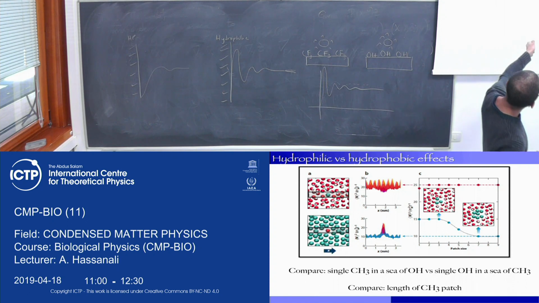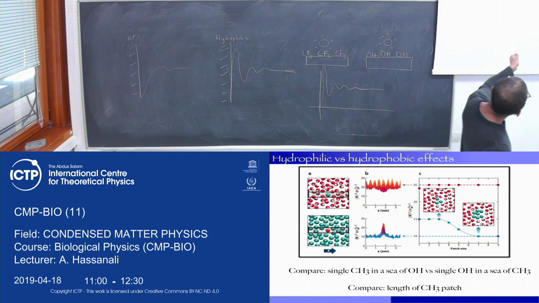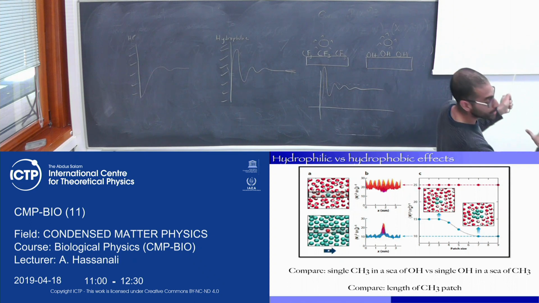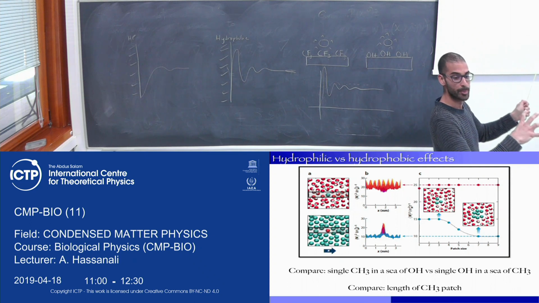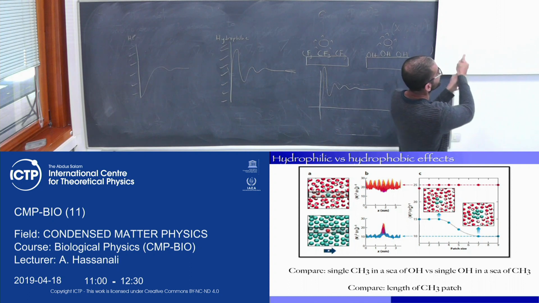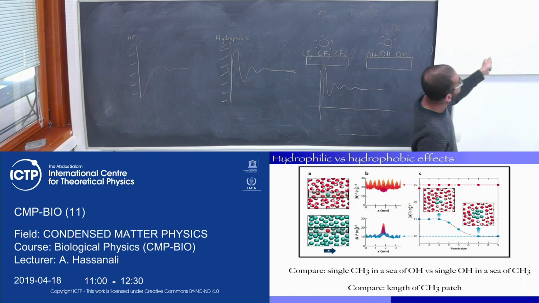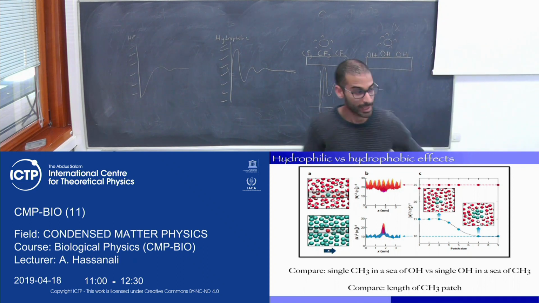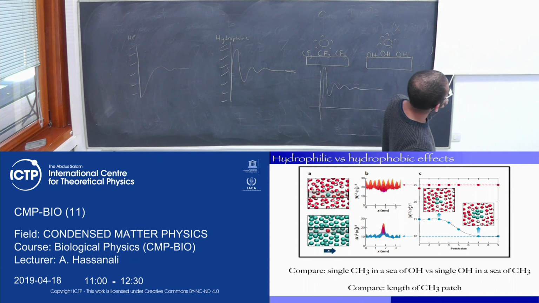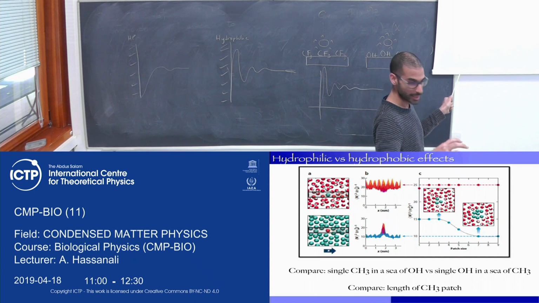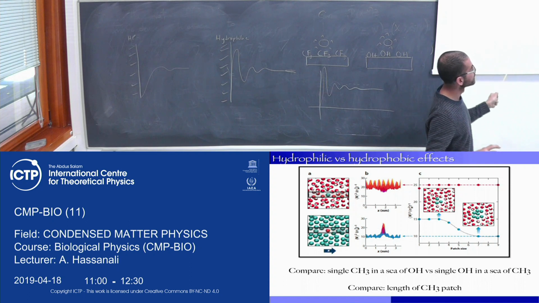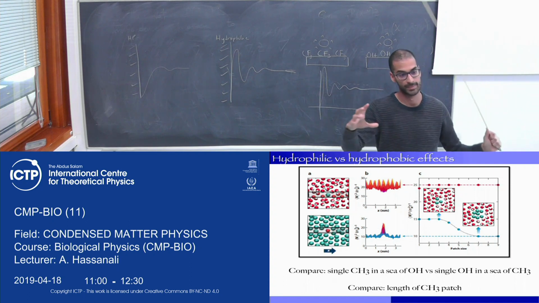As I grow the size of the hydrophobic patch in a sea of hydrophilic interactions, the effective compressibility doesn't change much. But if I do the opposite, if I grow a patch of hydrophilic interactions in a sea of hydrophobic ones, you get a big change as the size of the patch changes.